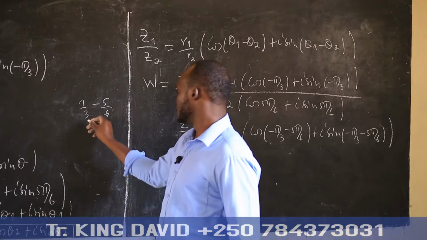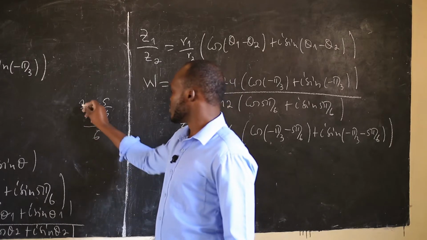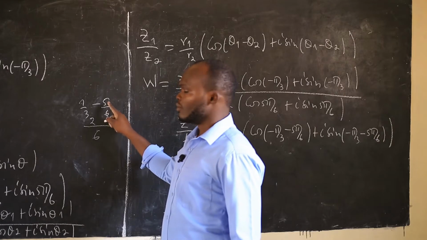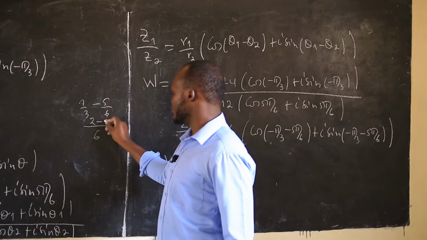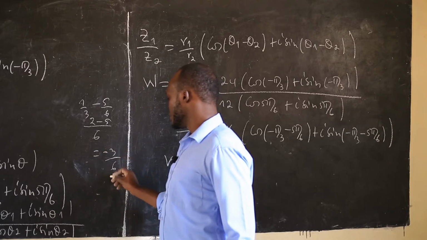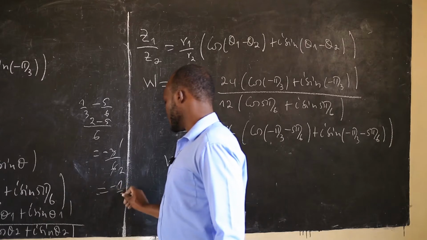We find the LCM, which is 6. 6 divided by 3 is 2, 2 times 1 is 2. 6 divided by 6 is 1, 1 times 5 is 5, that's negative 5. So 2 minus 5 is negative 3 over 6. By 3, 1; by 3, 2. So that is negative 1 over 2.